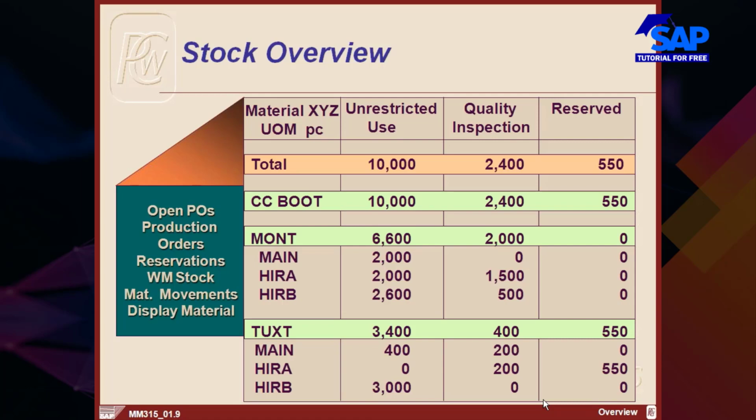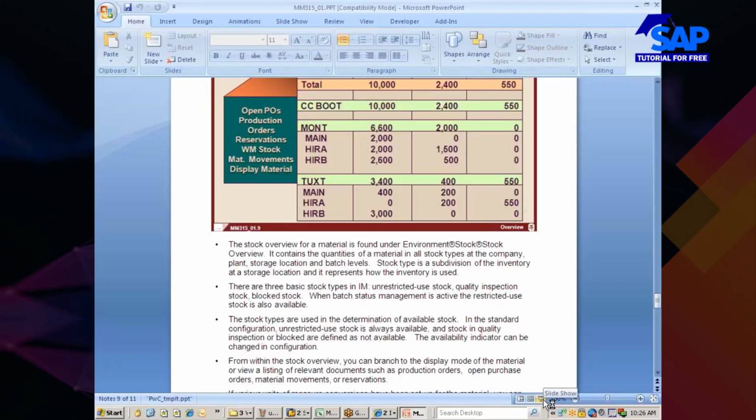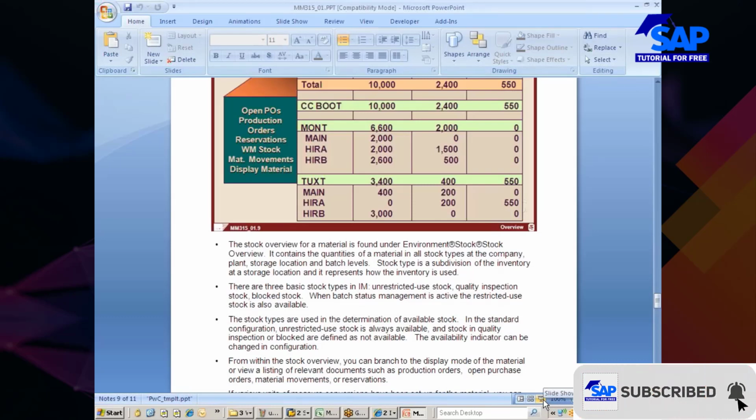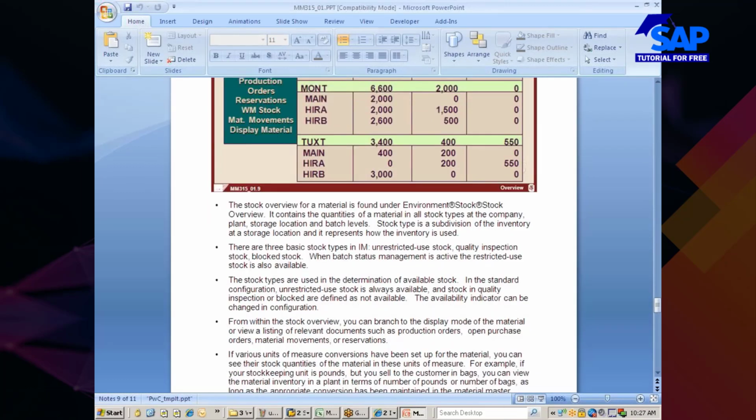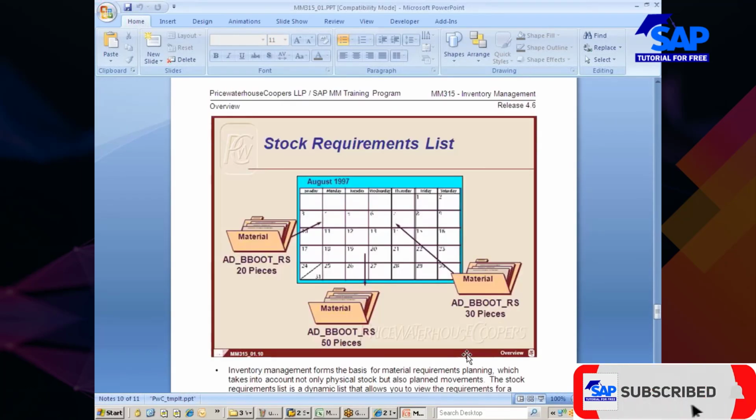All these things you can see from the stock overview, which is a very, very important report in inventory management. From this report, you can virtually go to any relevant transaction. Take it for granted. We will be using this report extensively throughout inventory management.